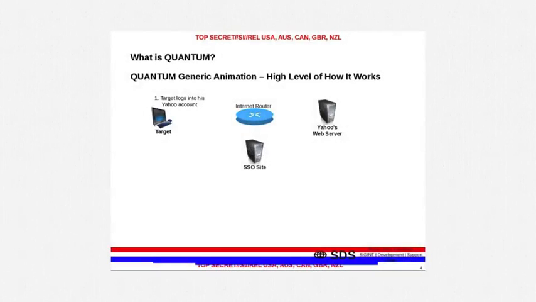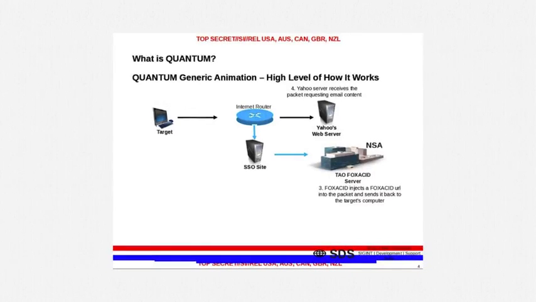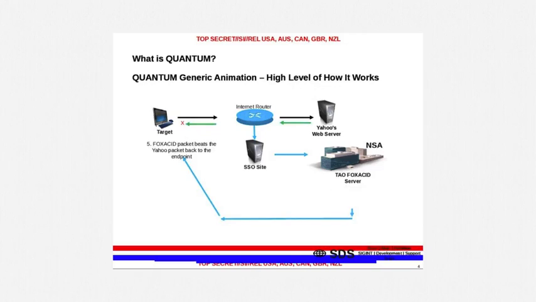A final practice that I'd like to highlight involves malware delivery. Here's the idea. Suppose that a target is logging into Yahoo. The NSA recognizes its target and kicks off a process to install malware. In the next step, the malware delivery starts just about the same time Yahoo is going to respond.